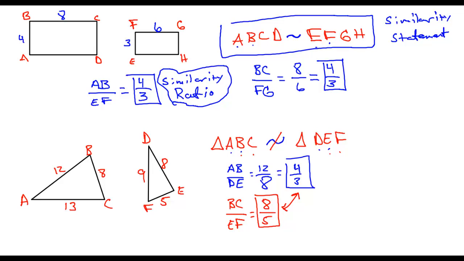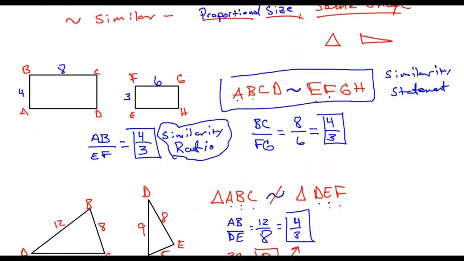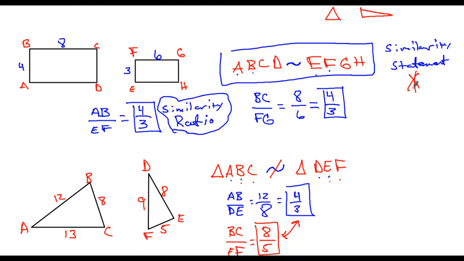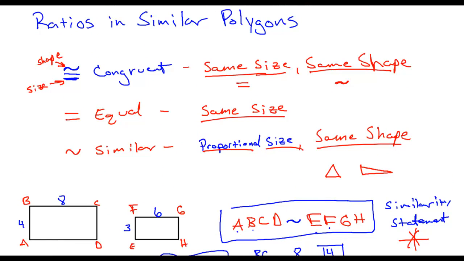So that's pretty much it for similarity and polygons. You're going to be doing a lot of these, and the important thing is that you are able to write similarity statements, you are able to write similarity ratios, and you're able to determine when things are not similar. So that's it. Bring any questions you have in tomorrow.